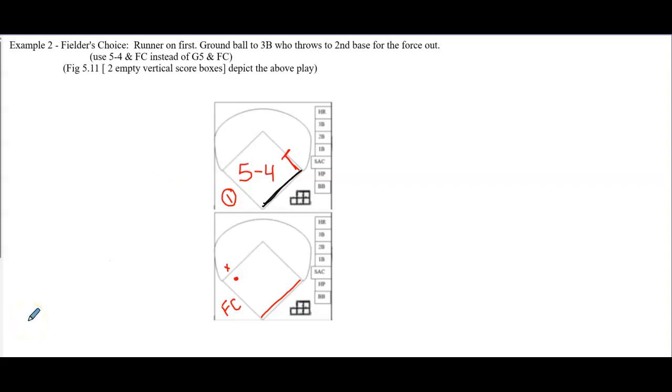So if we just opened a scorebook to see what happened in a game and we saw these two boxes, we would know that this player hit the ball to the third baseman and was safe at first on the fielder's choice. And this runner was out going from first to second by the third baseman throwing the ball to the second baseman for the first out of the inning.